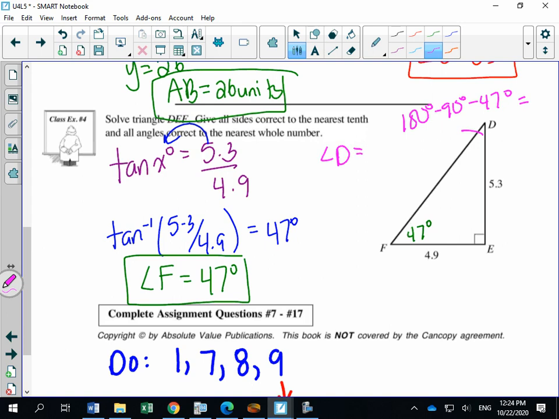Angle D is equal to, Anthony, do you have that one typed in? So 180 minus 90 minus 47, or you could just type in 90 minus 47, because 180 minus 90 is 90. Say that one more time. 43.